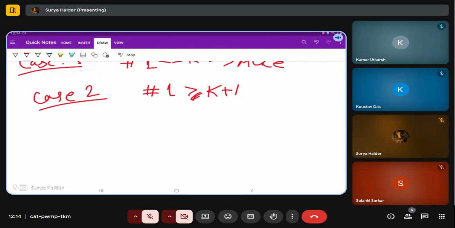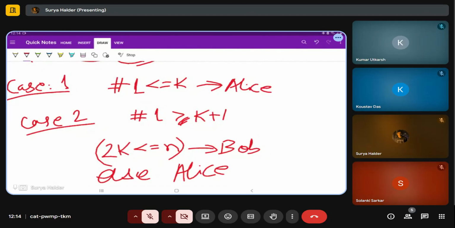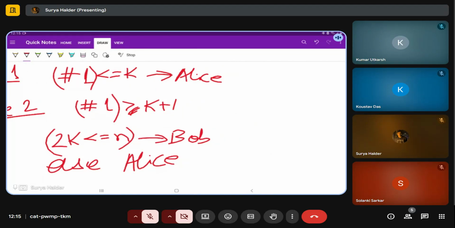So if 2k is less than or equal to n, then Bob will win, else Alice will win. Is this logic clear to everyone? Or does anyone have any doubt in this logic? Utkarsh, is this logic clear? Especially case 2.